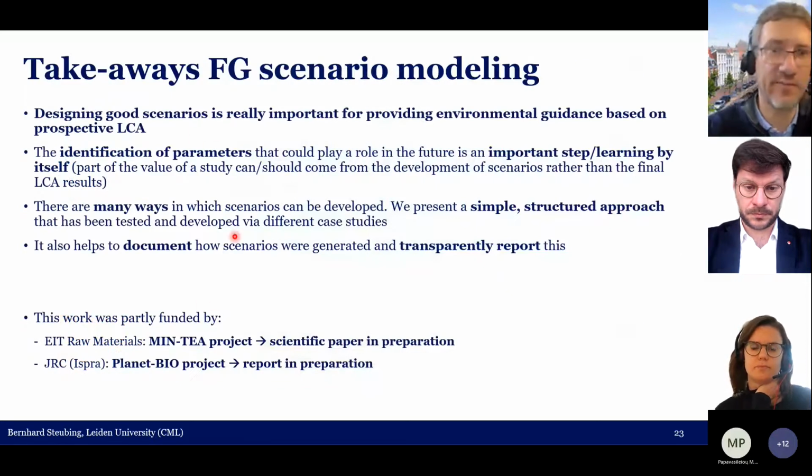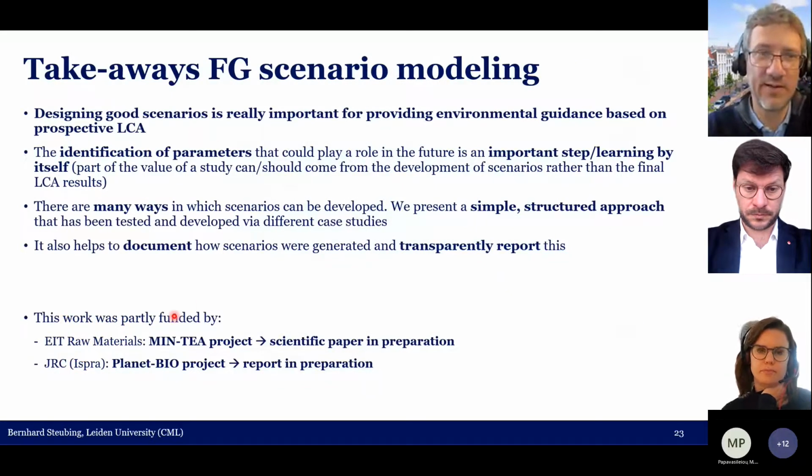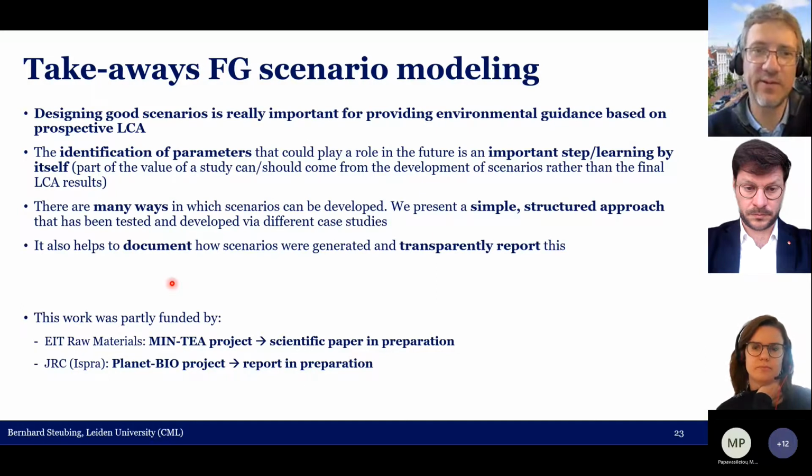Okay, takeaways from the scenario modeling. Designing good scenarios is really important for providing environmental guidance based on prospective LCA. The identification of parameters that could play a role in the future is an important step.